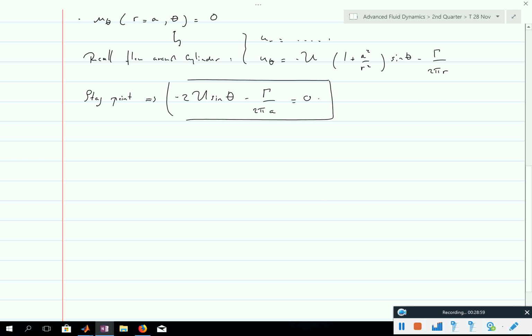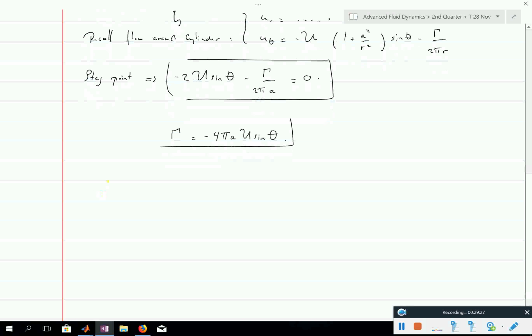So I'm going to rewrite this as gamma is equal to minus 4 pi a U sine theta. Okay, so this is the equation I have to solve.